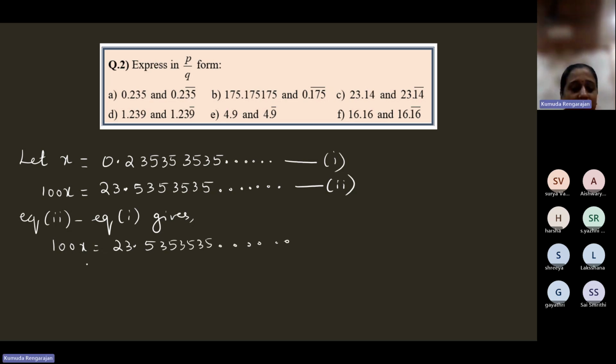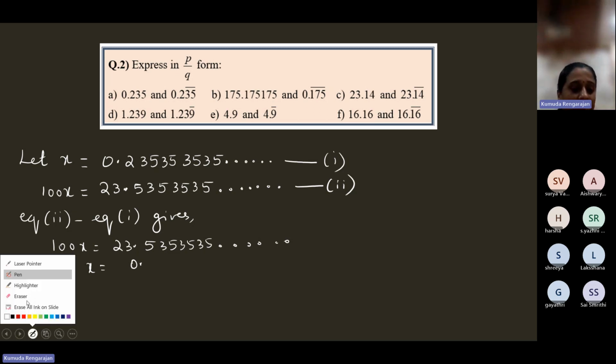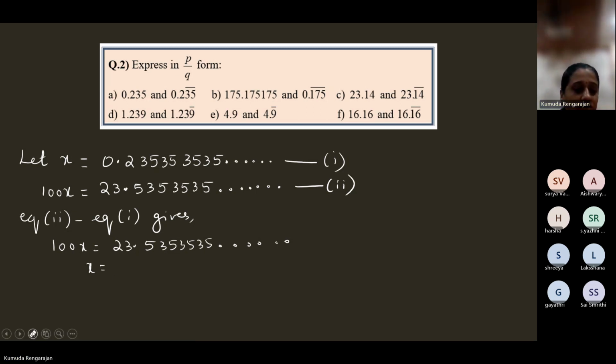And then we'll write the first equation. x is equal to 0. Place the numbers carefully. You'll have to align the decimal point. Let me align it. So 0.2, 3, 5, 3, 5, 3, 5.